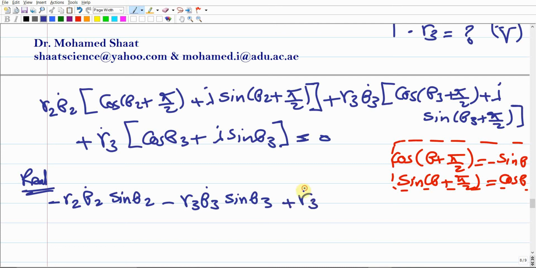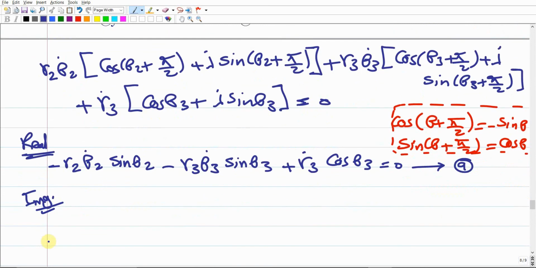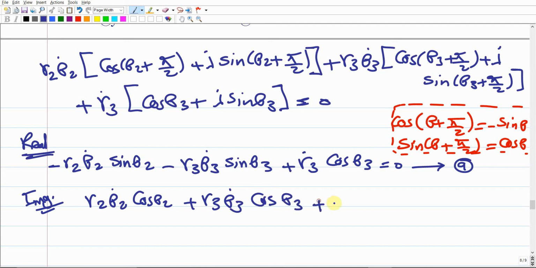Then we have R3 dot cosine theta 3, and it should equal 0. This gives us equation A. The imaginary part is R2 theta 2 dot, where the sine of theta plus pi over 2 gives positive cosine theta 2, plus R3 theta 3 dot, where the sine of theta 3 plus pi over 2 gives positive cosine theta 3, plus R3 dot sine of theta 3, equals 0. This gives us the second equation.